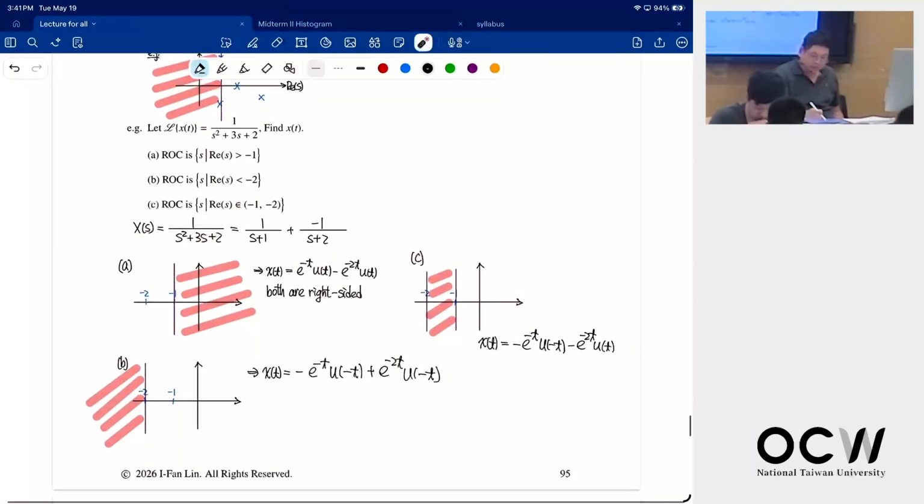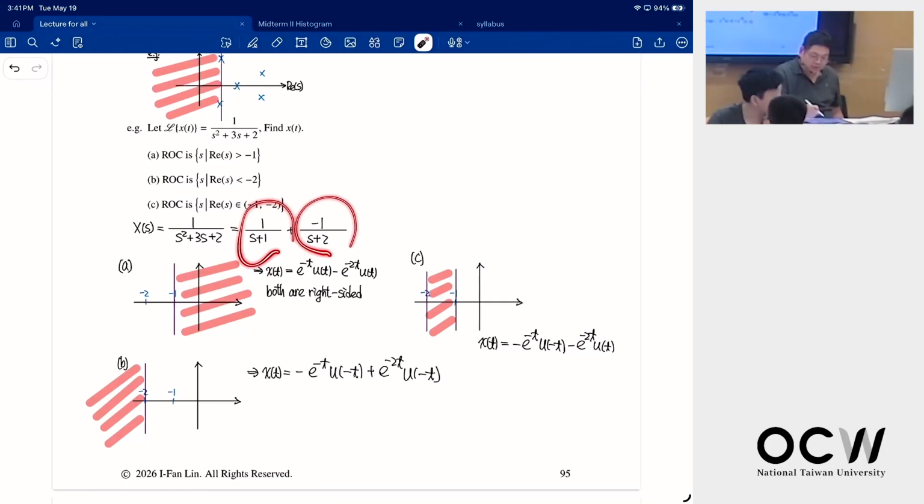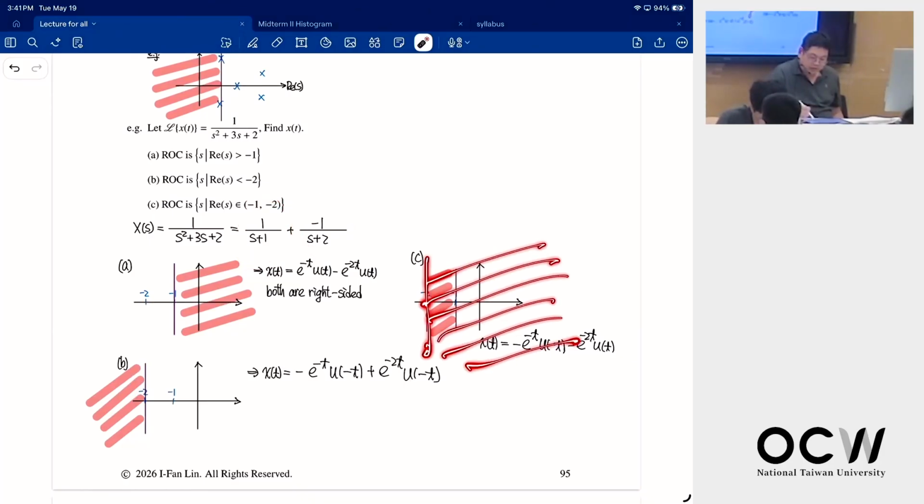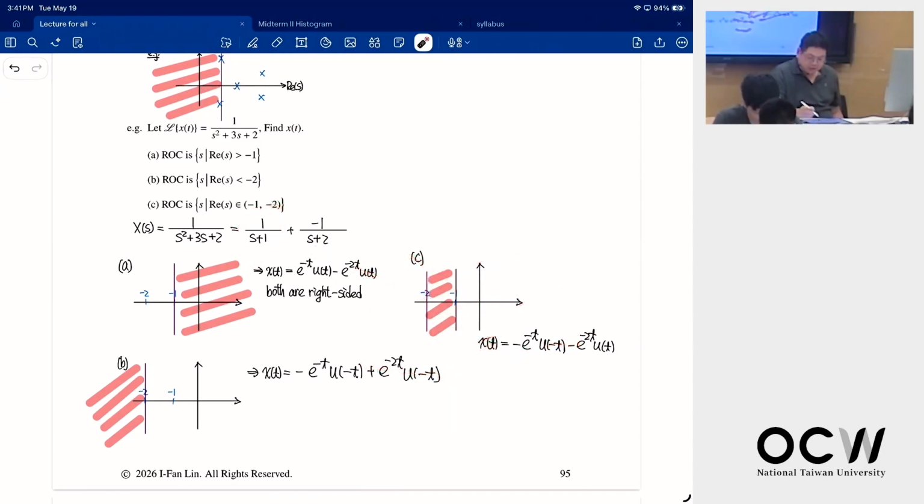In between, so that means for minus 2, it's right-sided. For minus 1, it's left-sided. So the intersection is in between. Right, next.